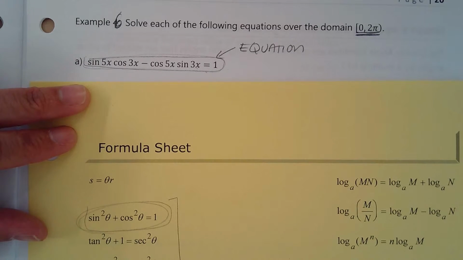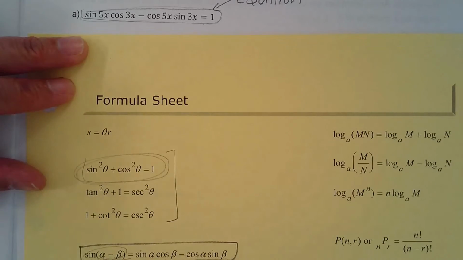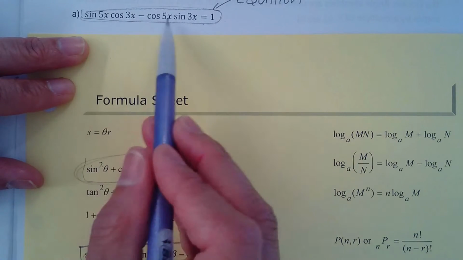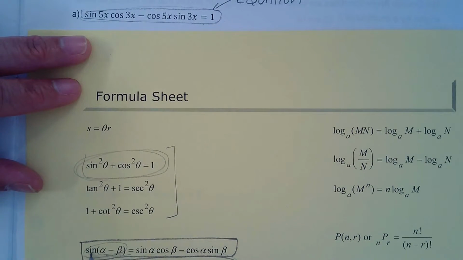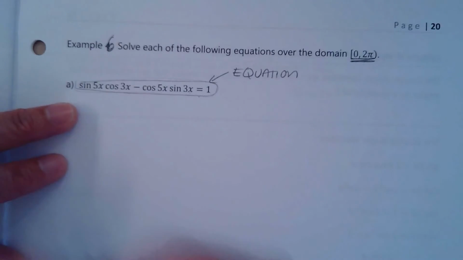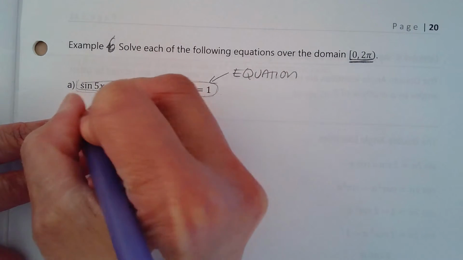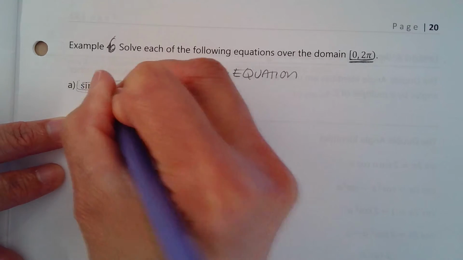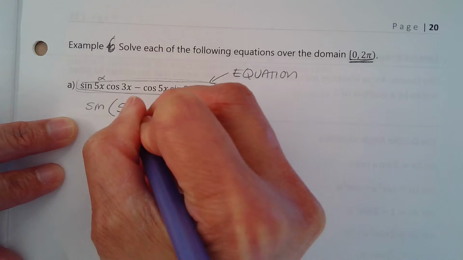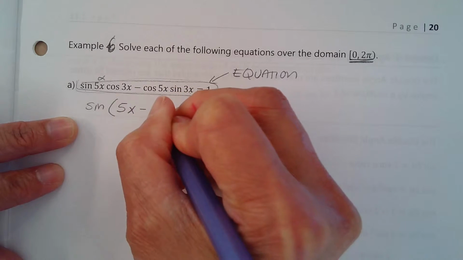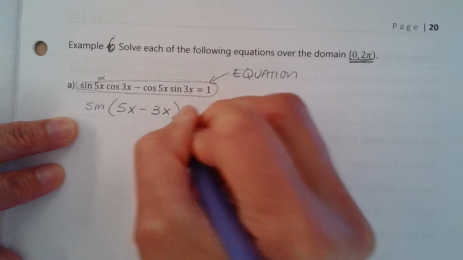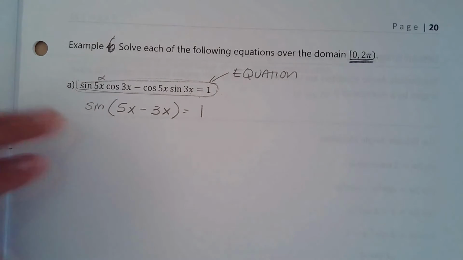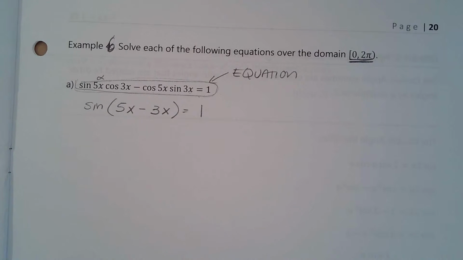Right? Is everybody okay with that? So this identity can be simplified as sine of alpha minus beta. Okay, so let's do that. So this becomes sine of alpha, which is 5x, minus beta, which is 3x, equals to 1. Okay, so that makes it a lot simpler.